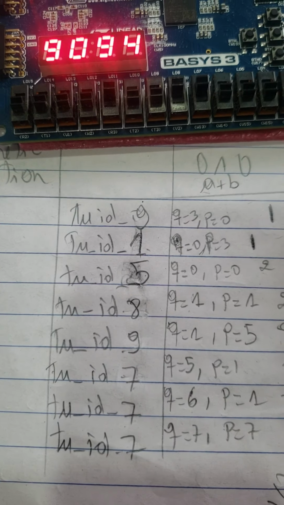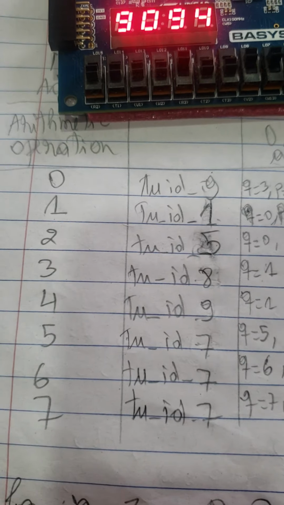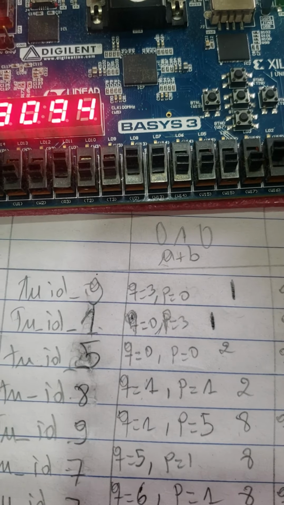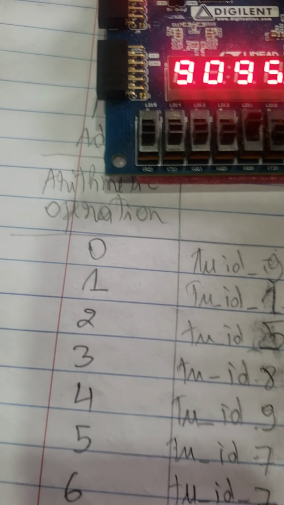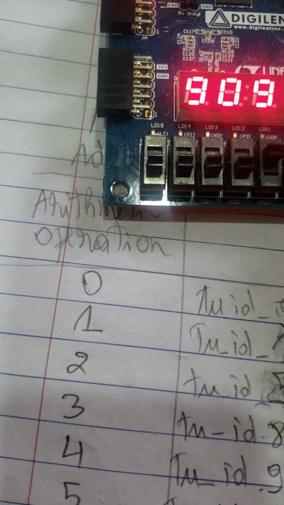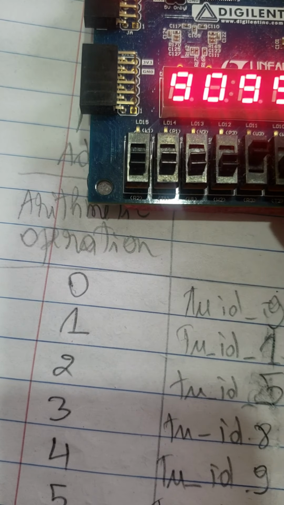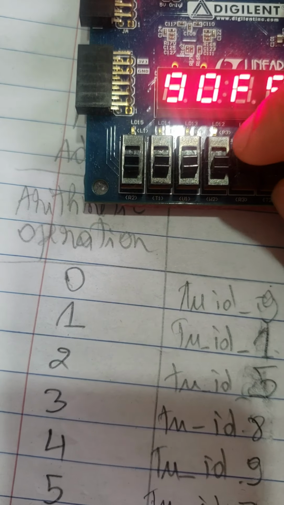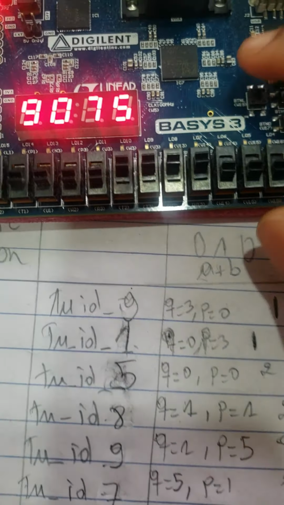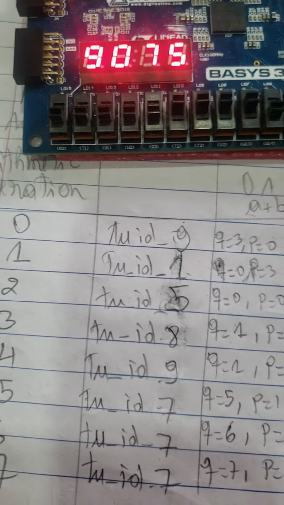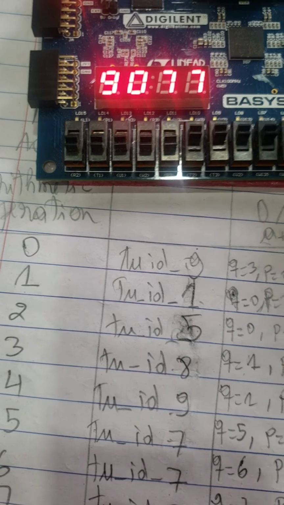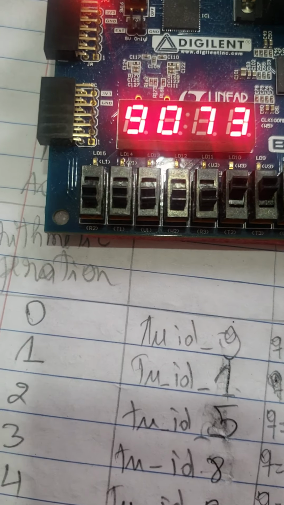So the address 5 corresponds. The address 5. Let's write 5 first. 5 corresponds to 7. 7 is 0111. Save it. So let's say 6.